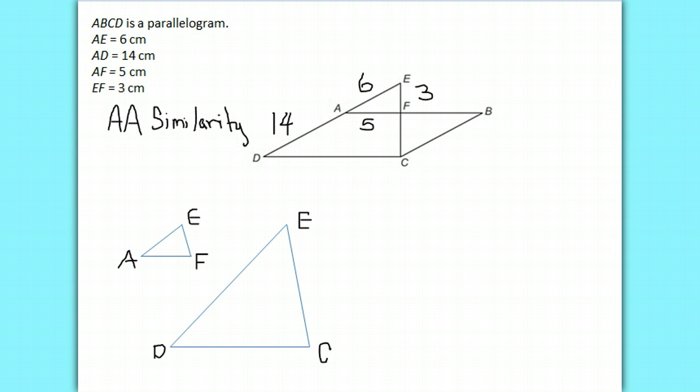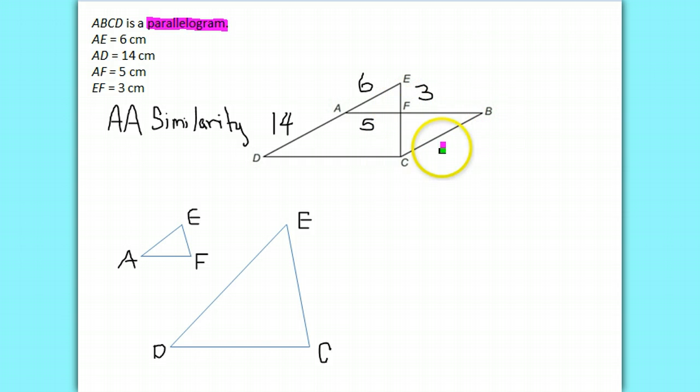So the hardest thing I think to see, let me change colors, is where the parallelogram part comes in. First let's make sure we know which triangles we're looking at. We're looking at triangle AEF up here, and we're trying to show that this triangle is similar to this one over here, BFC.